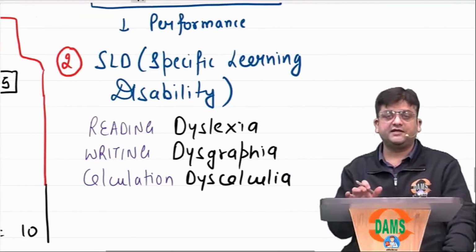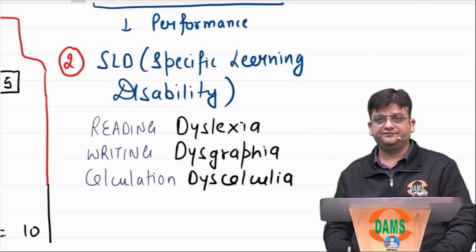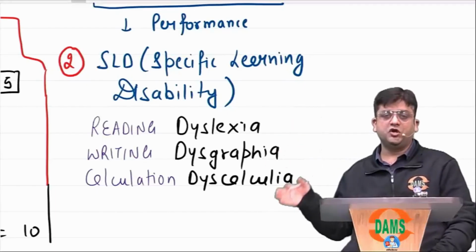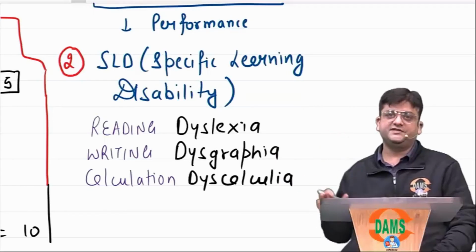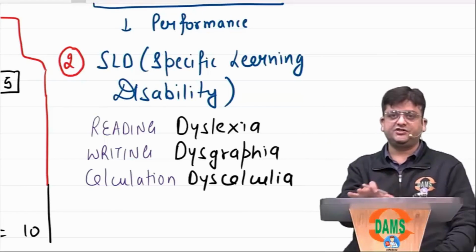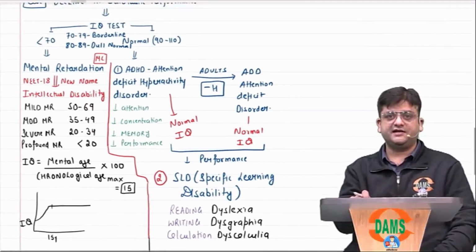Writing is known as dysgraphia, and calculation is known as dyscalculia. These children also have normal IQ but decreased performance. So they are also on the right side. So on the left side it is mental retardation and on the right side it is ADHD and SLD.